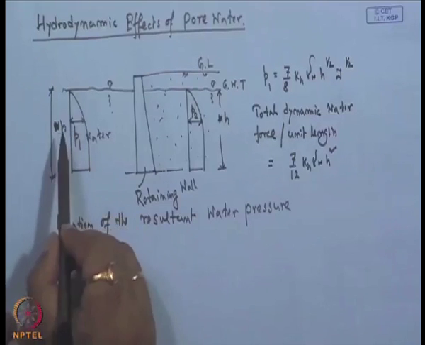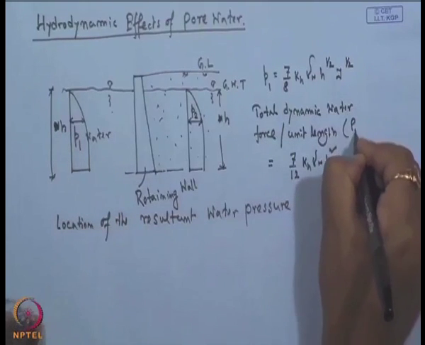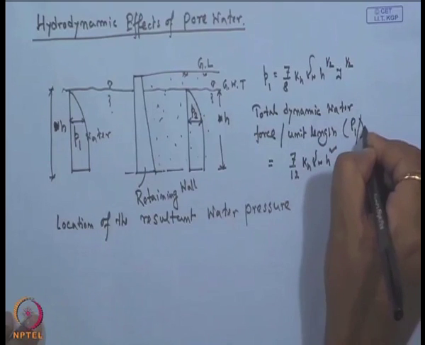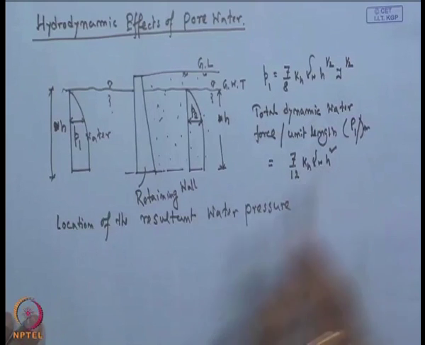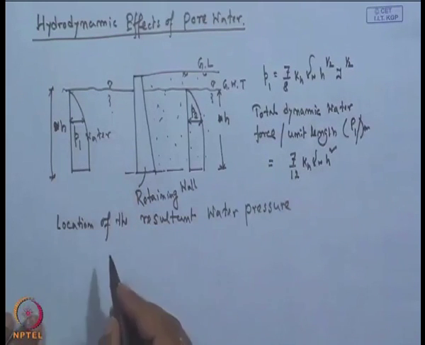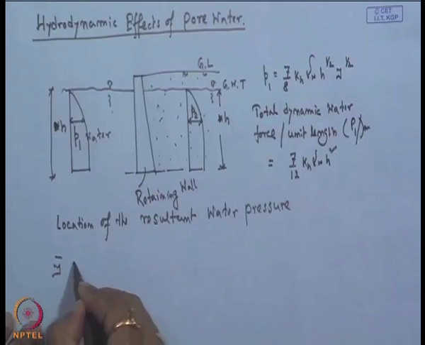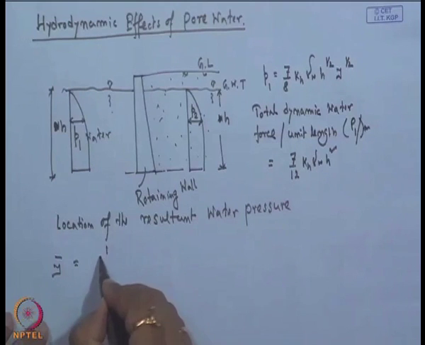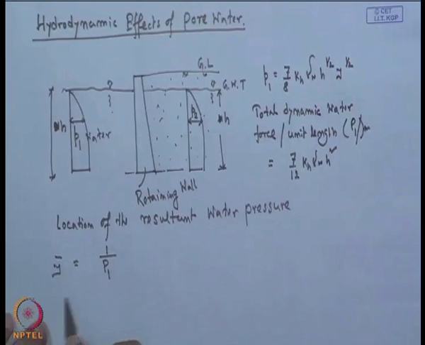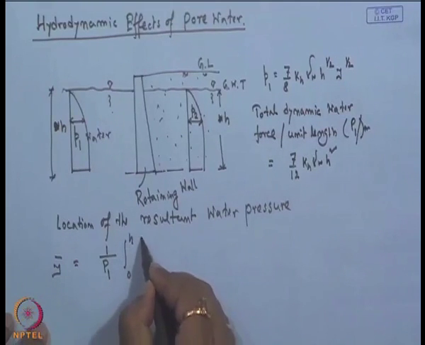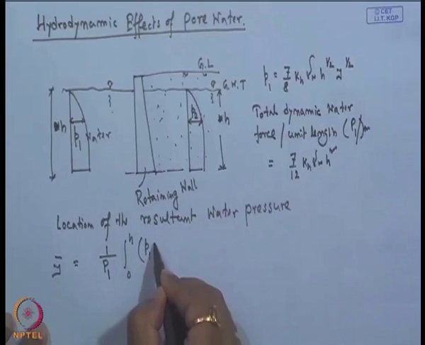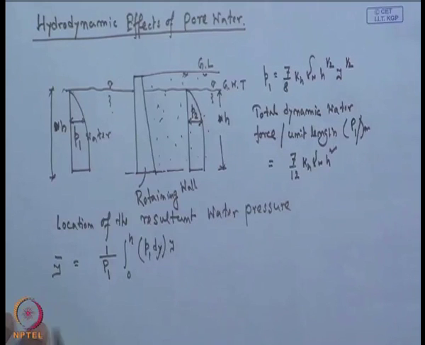Now, here we know that the total force, that is P capital 1 per meter, is 7 by 12 kh gamma w h square. Now, where it will act, we can determine that location y w, that will be equal to 1 by P1 into the integration from 0 to h of p1 dy into y.